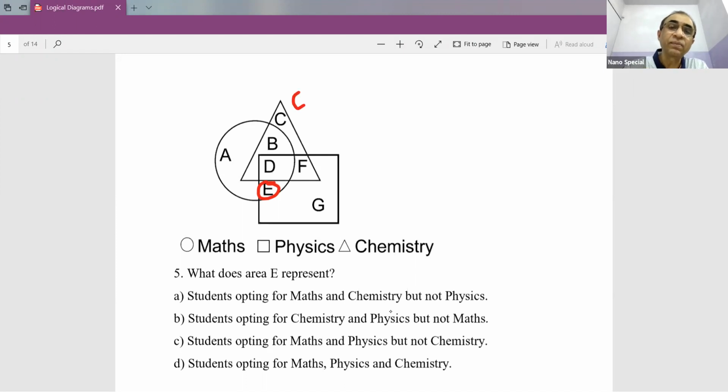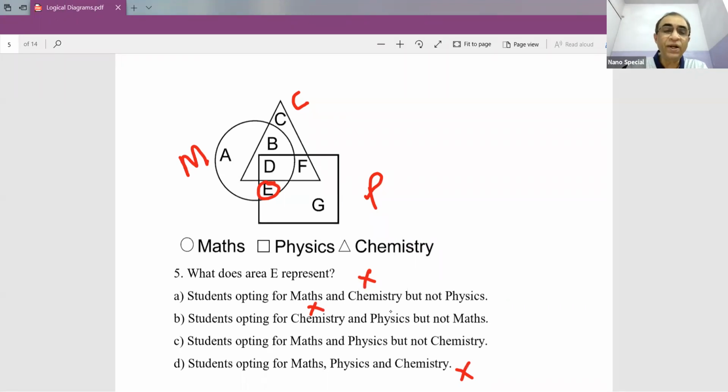The triangle is chemistry. This is maths, this is physics. So E is outside the triangle, so definitely chemistry should not be there. So this can't be the answer, and this can't be the answer. By default, we have arrived at C. A can never be the answer.